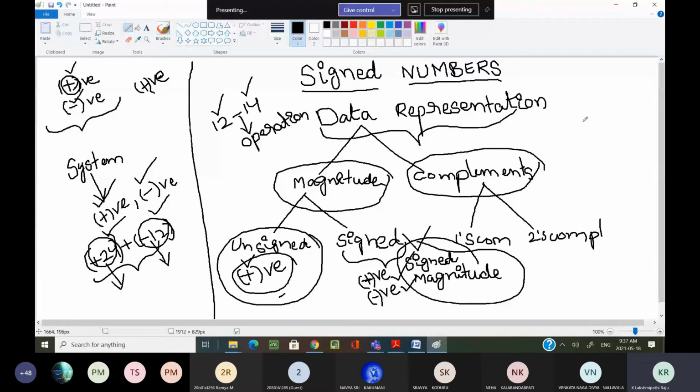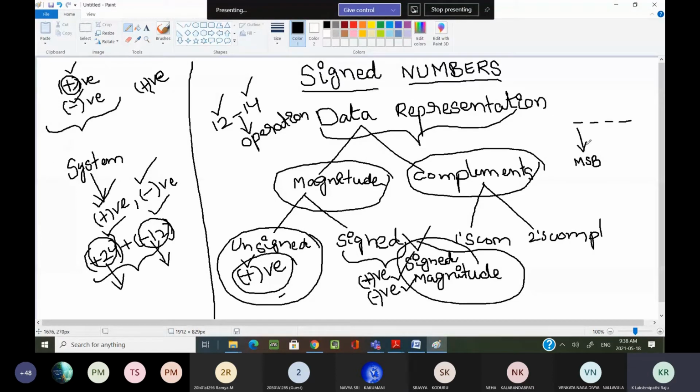Now suppose I am representing the number in 4-bit format. The most significant bit position, the MSB bit position.